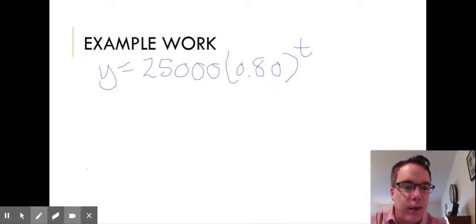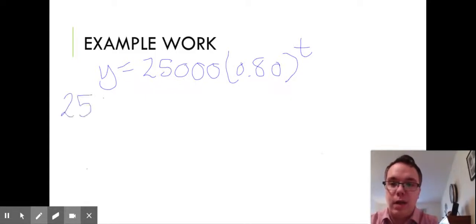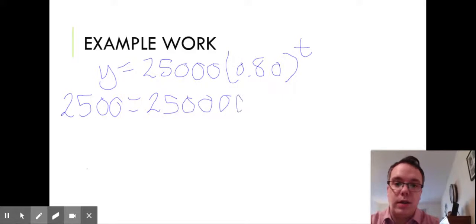So just like when we had growth, you're going to have some equations where you're going to know your time, so you're just going to plug it in into a calculator. Or in this case, we know what our y is, what we end with. We end with $2,500 for our value of a motorcycle, and we want to know how much time that actually took.